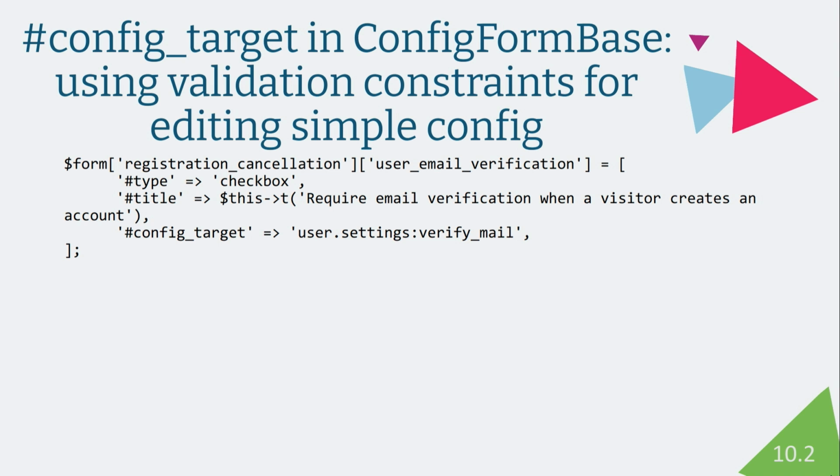Now for something a little bit different, which is the config targets key in Form API. This is to ensure that you can make it a lot easier for your custom forms which work with config, or your admin forms, that they know where to save something.